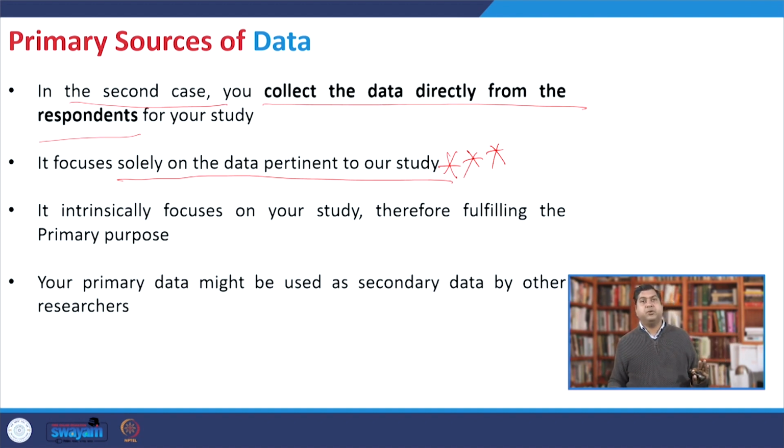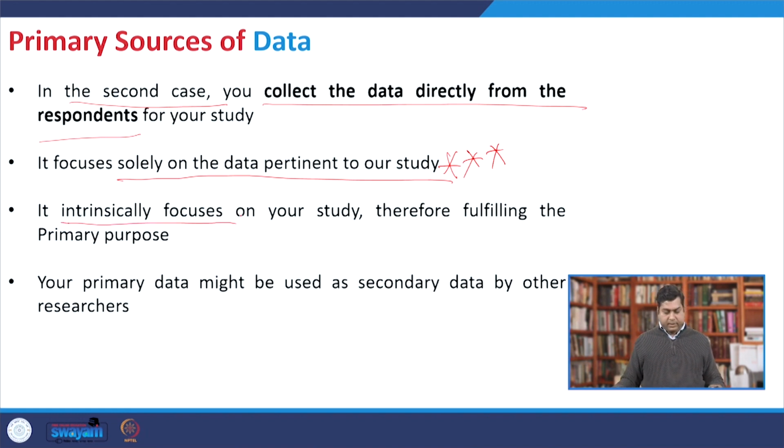Probably some of the information is not even required for our study. We don't require that information for our own research. So it is better not to collect it, because each response will take some time, and that can increase the complexity, or if it is very personalized data, people will hesitate to answer you.